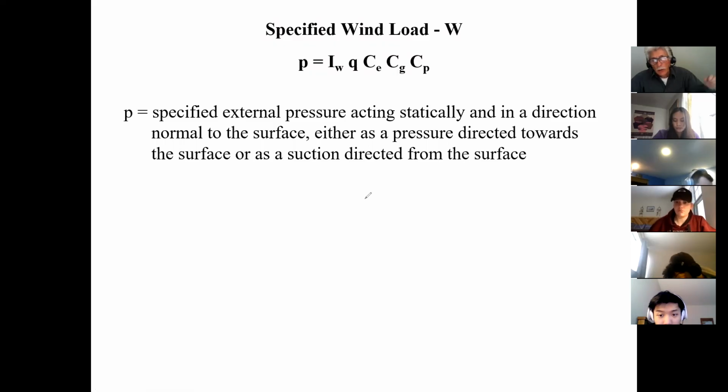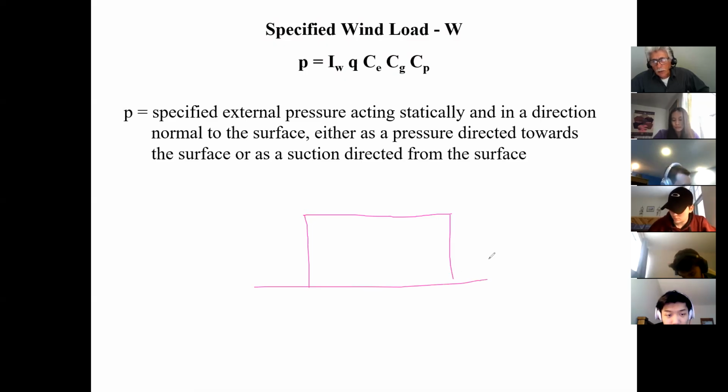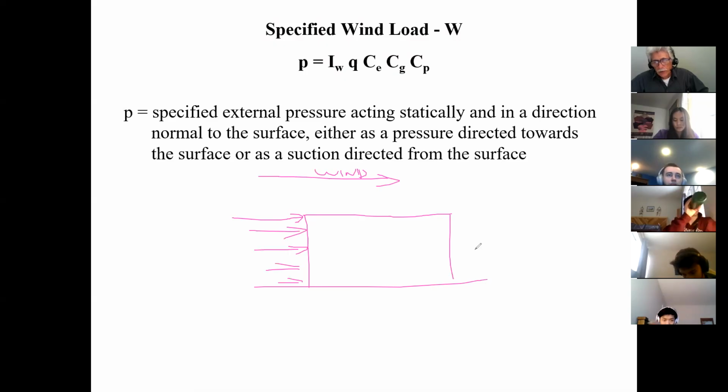Okay, so what's going to happen is that when we look at this, I want you guys to appreciate that when the wind blows in a certain direction, right? So let's say the wind is blowing this way. Well, on this side of the building, the wind is going to be pushing towards the building, right?